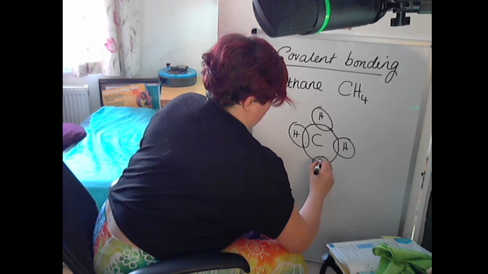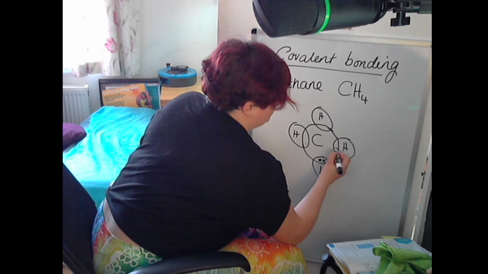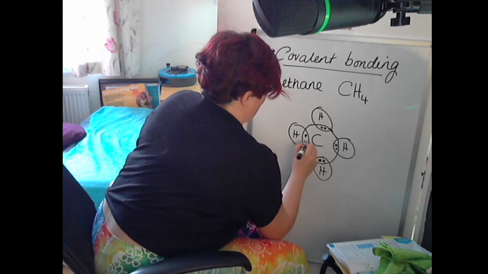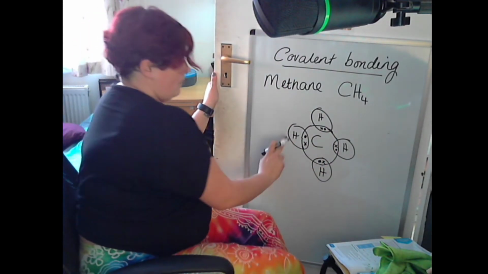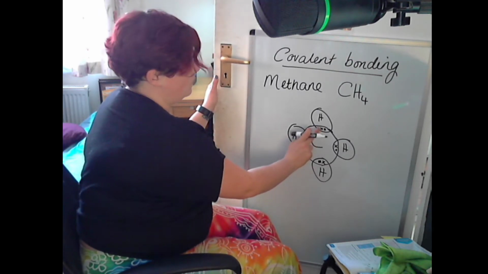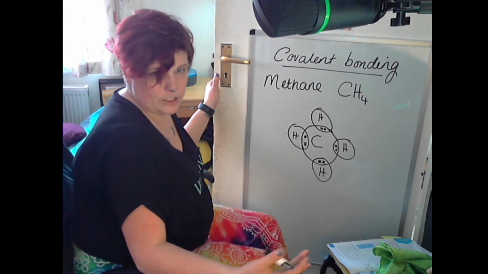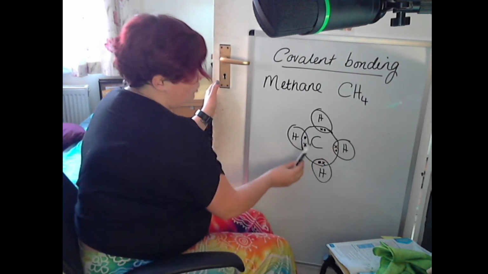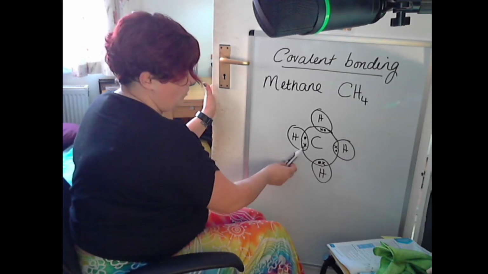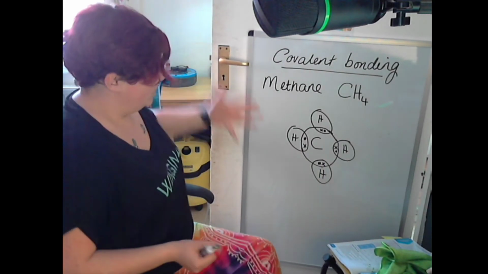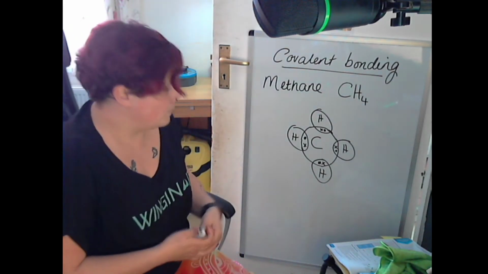So you've now got dot and cross, dot and cross, dot and cross, dot and cross, which now means each of your hydrogens has 1, 2. All your hydrogens now have their full outer shell of 2 electrons, and your carbon has now got 1, 2, 3, 4, 5, 6, 7, 8, which gives you your full shell for carbon as well.